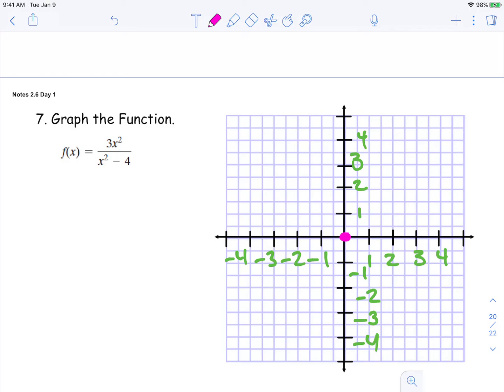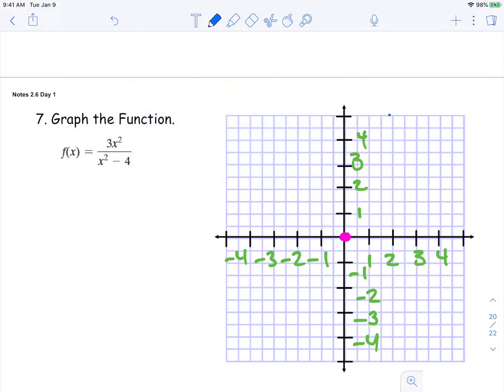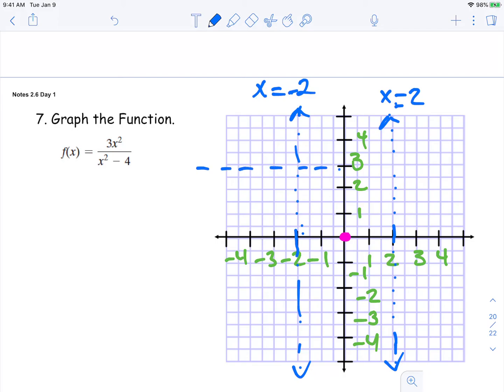And then we have vertical asymptotes at x equals 2 and x equals negative 2. We have a horizontal asymptote at y equals 3. So far we just have one ordered pair on the graph.